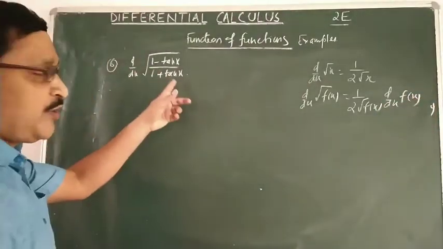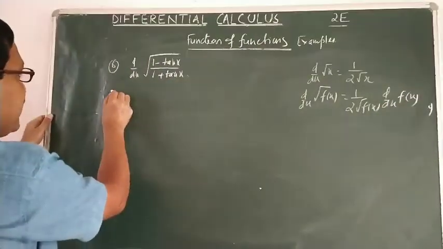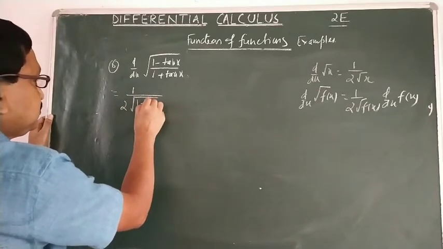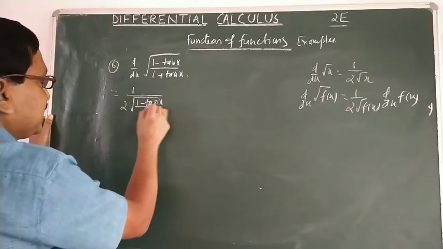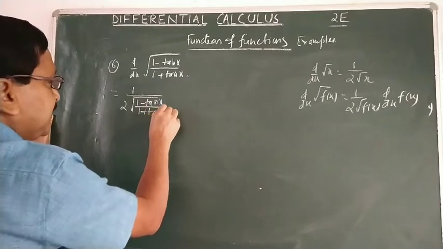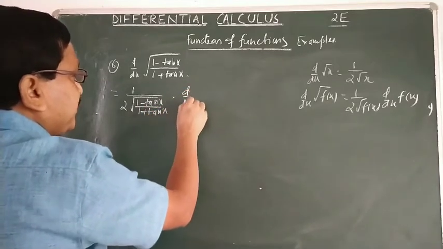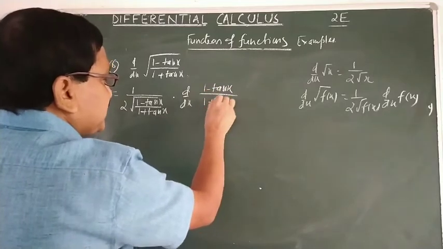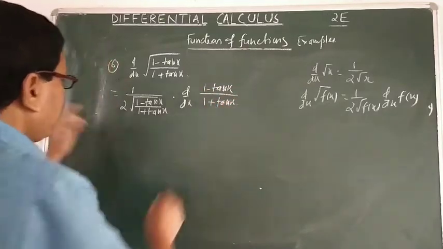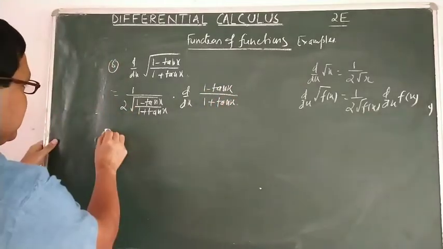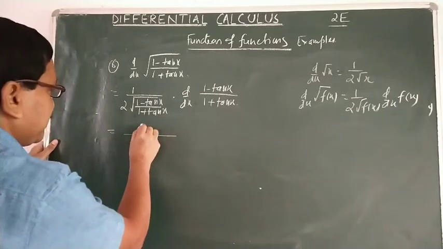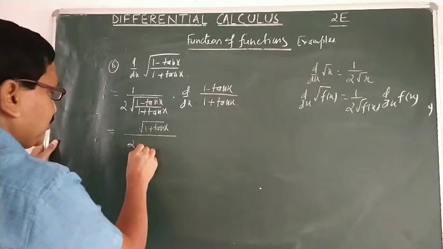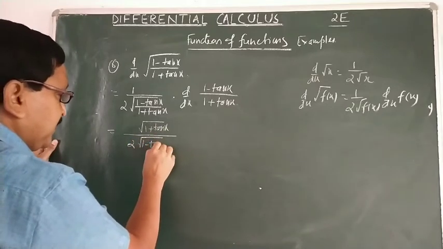So set this according to this pattern. This is 1 by 2 root of (1 minus tan x by 1 plus tan x), and again d by dx of (1 minus tan x by 1 plus tan x). Now when this is simplified, we get root 1 plus tan x by 2 root 1 minus tan x.